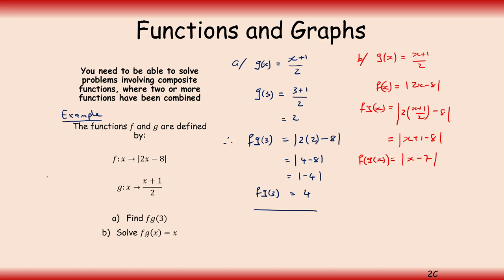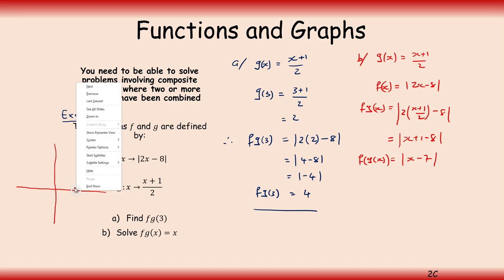I'm going to sketch it here because I'm going to use this bit for my workings. Quick sketch of the modulus of x minus 7. I'll draw a line here. It's a positive gradient, so it goes like that. But it's reflected, so let's draw it like so.